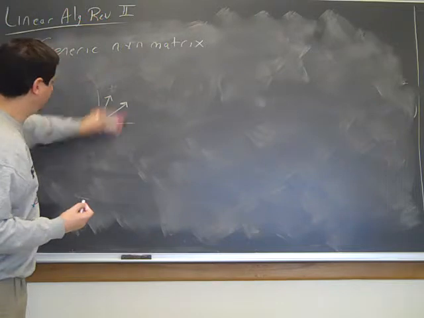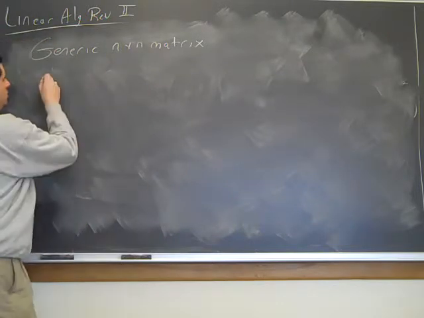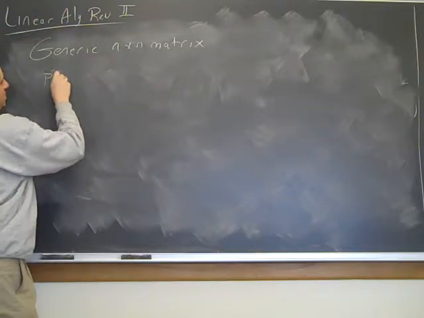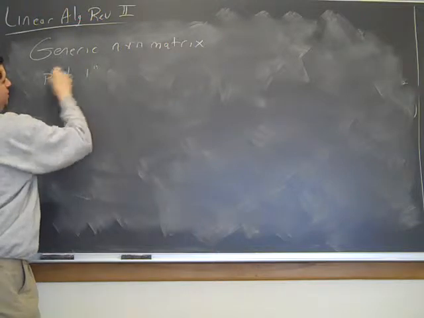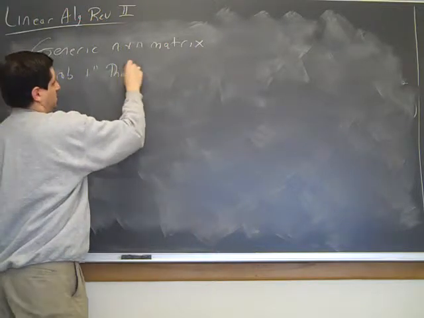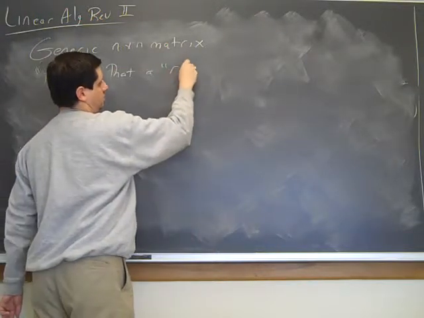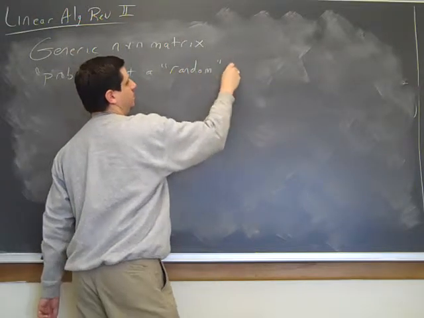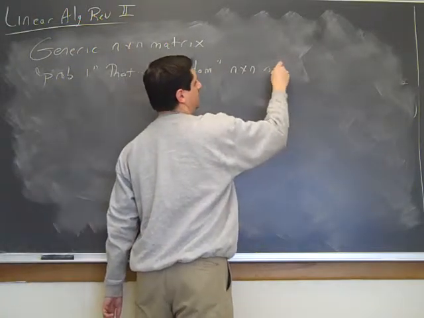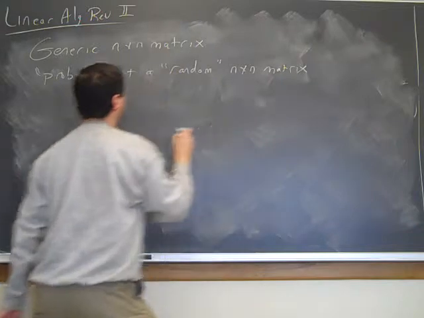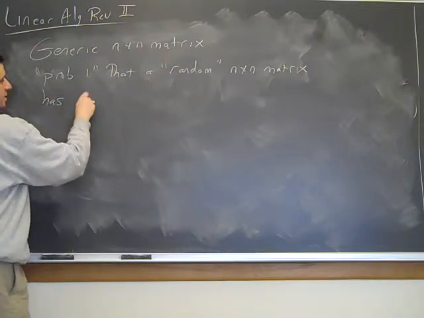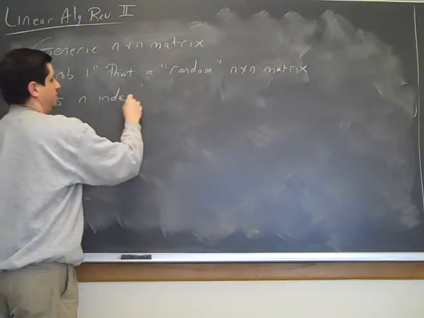So the way you should look at it is basically probability 1 that a random n by n matrix has n independent images.